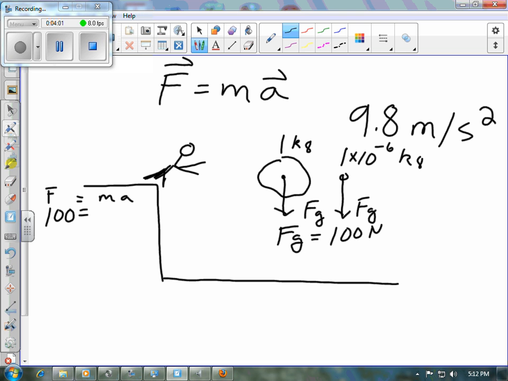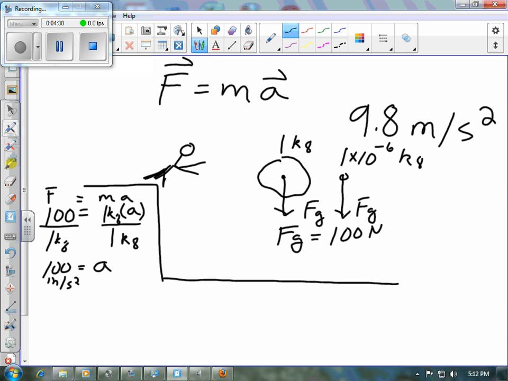The mass is going to be 1 kilogram, and you're going to calculate the acceleration. So we simply divide each side by the mass. So the acceleration equals 100, and that would, of course, be meters per second squared. So that would be the acceleration of the boulder, or the bigger rock.